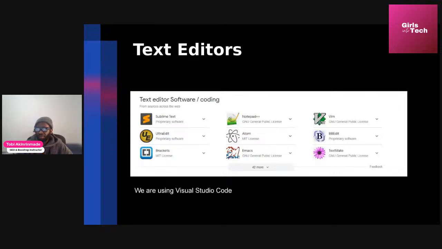The website to download Visual Studio Code from is code.visualstudio.com. If you go to code.visualstudio.com, you'll be able to download it from there. So download it, install it, and let's get cracking.